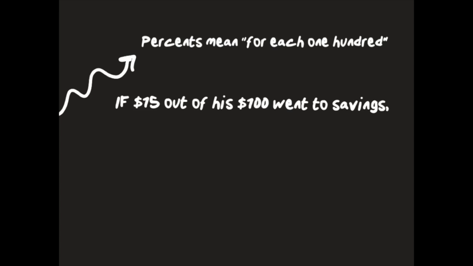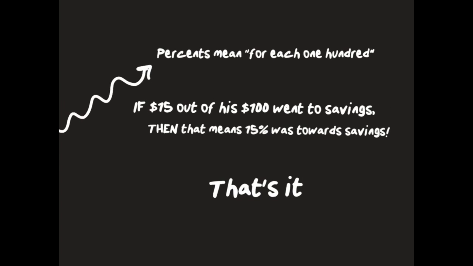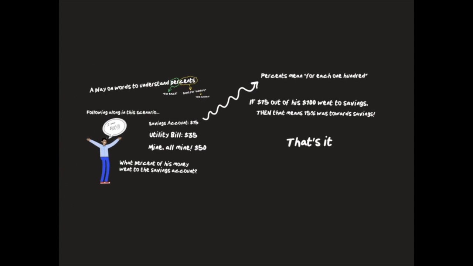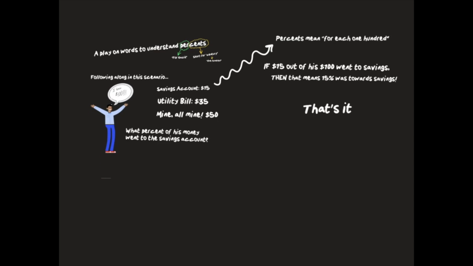If $15 out of his $100 went to savings, then that means 15% was towards savings. What if we were to take a look at the other amounts, like the utility bill and what he was able to keep? What would those percents be?